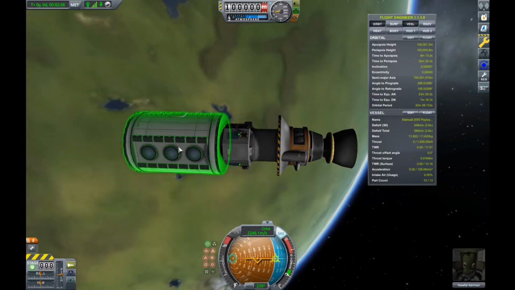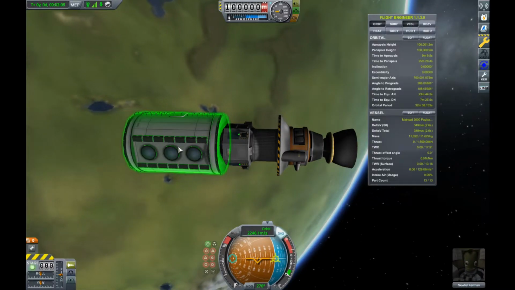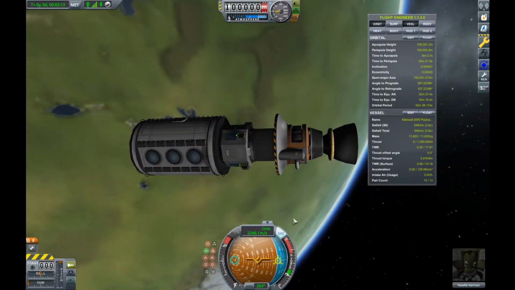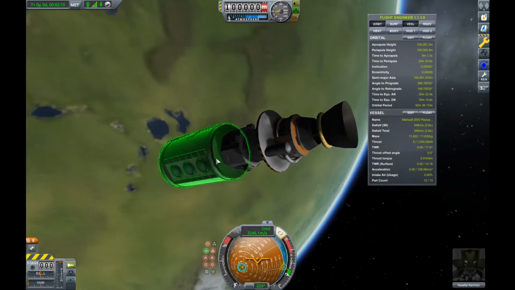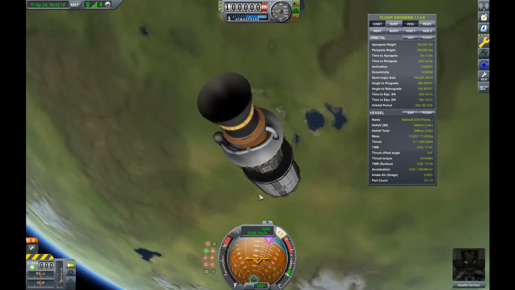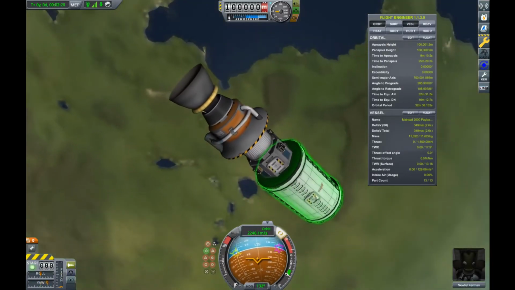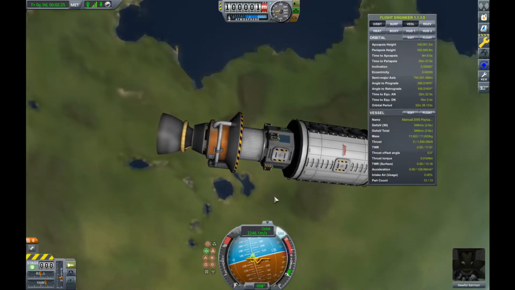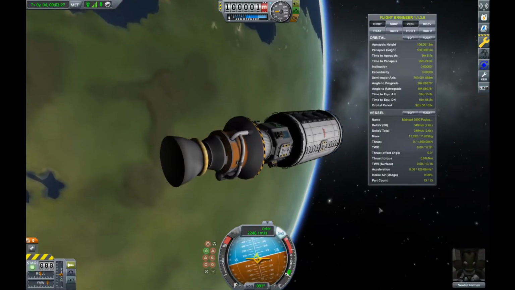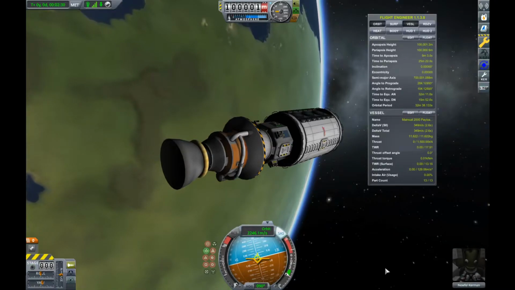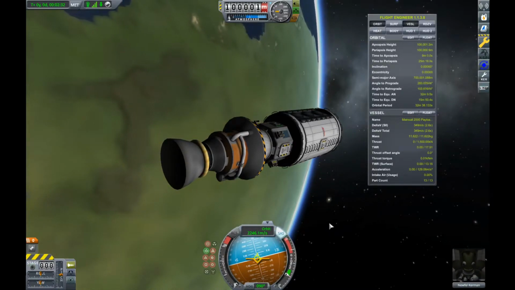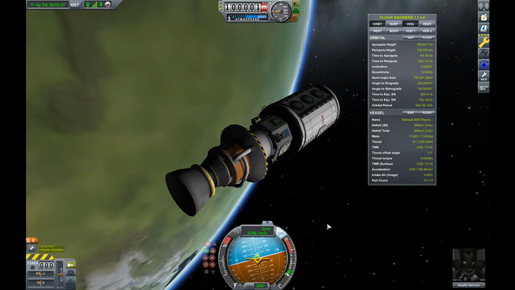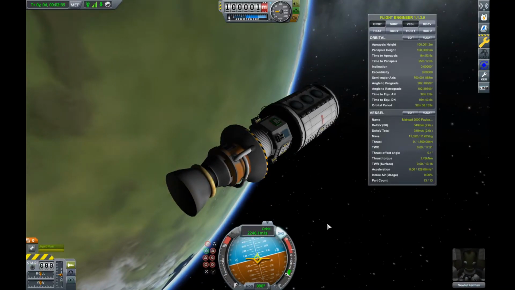And again, this is why we use delta V to measure this stuff, so that no matter what we've got on here, no matter if we've just got the engine or we decide to throw on a science lab on our trip to Duna, it's going to cost the same amount of delta V. And all we need to do as we're designing a ship is make sure that we have that requisite amount of delta V. So let's fire this bad boy up and take a look at what it does.